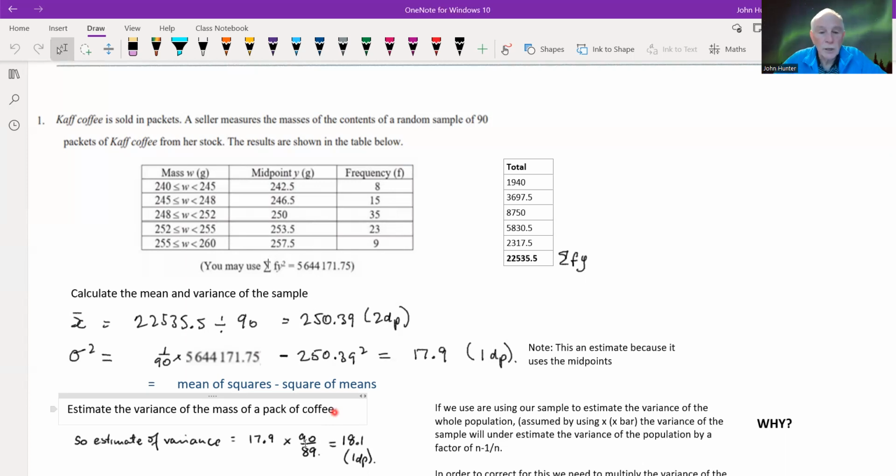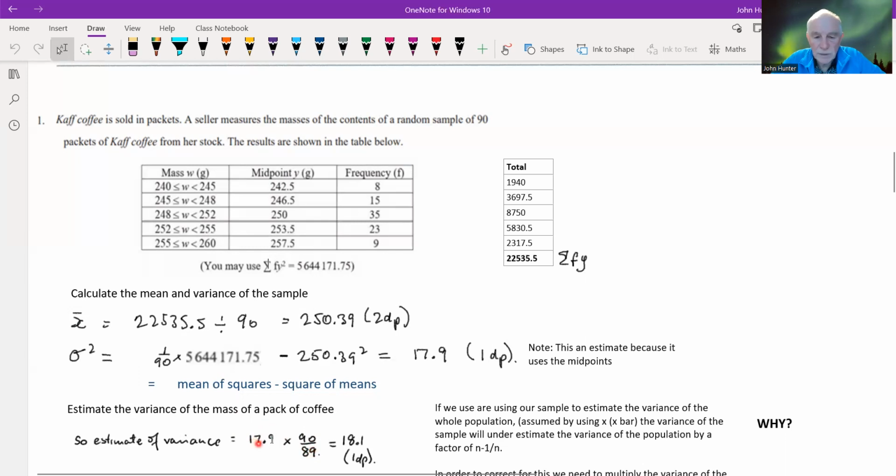Our estimate of the mean of the population would be the same. That doesn't change, but the variance we do have to make what is effectively an adjustment, because we didn't divide by n-1, did we? We divided by n. And so we have to make this correction here.